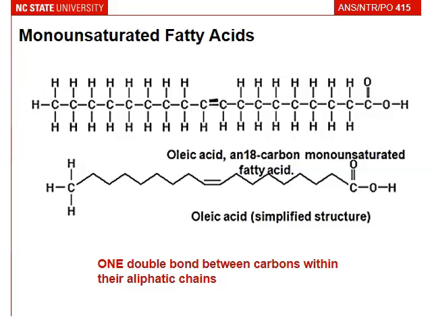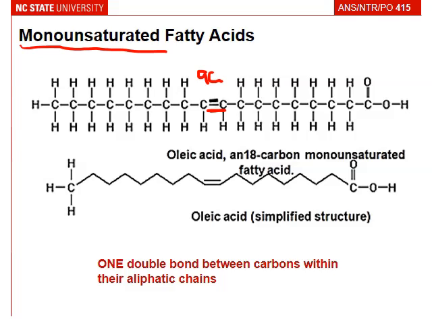Our next category is our monounsaturated. So what does unsaturated mean? Unsaturated means that there is a double bond. So here we can see our oleic acid, which is 18 carbons long, and we have this double bond at the 9th carbon. So here, starting at the methyl end, we have 1, 2, 3, 4, 5, 6, 7, 8, 9.